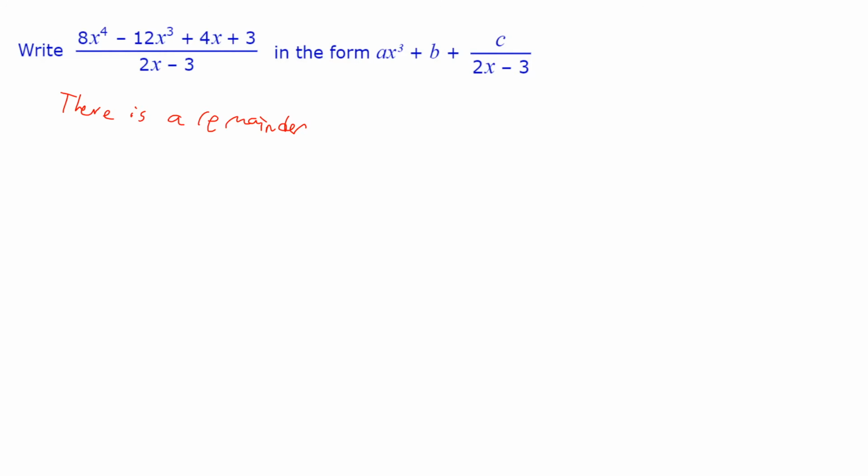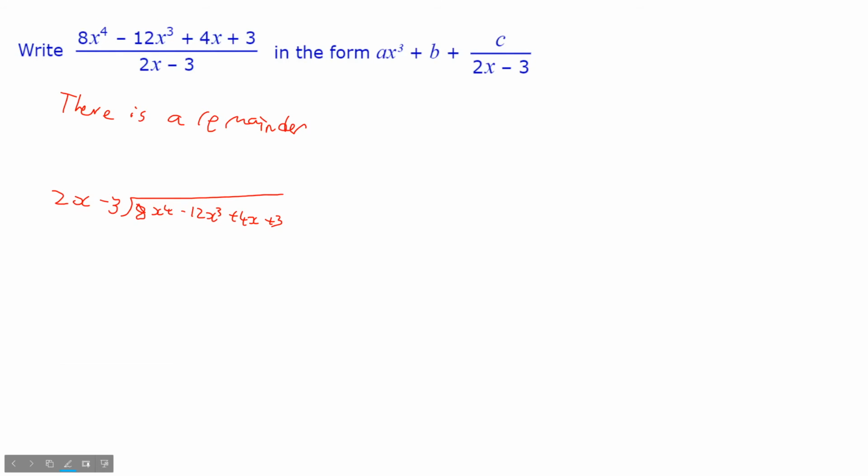So all we're going to do is our polynomial long division like I've taught for the past 2 videos. So this will be 8x^4 - 12x^3 + 4x + 3, okay?